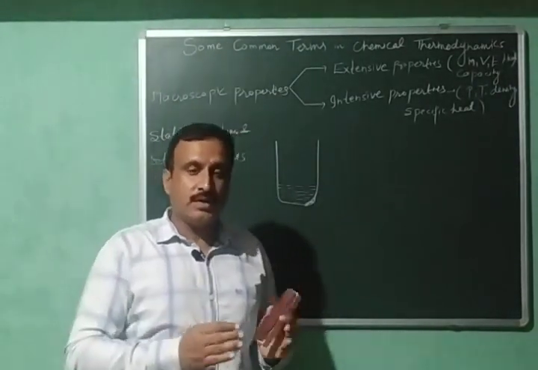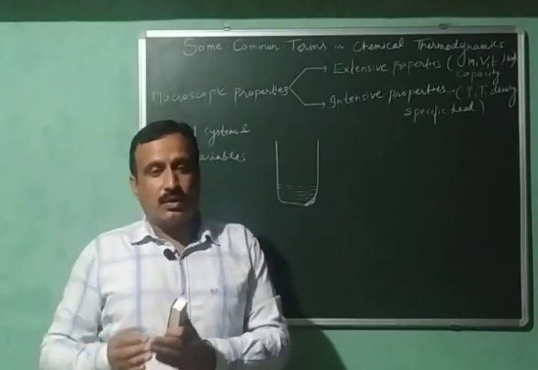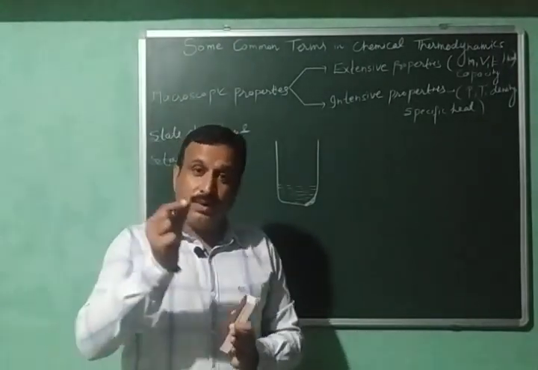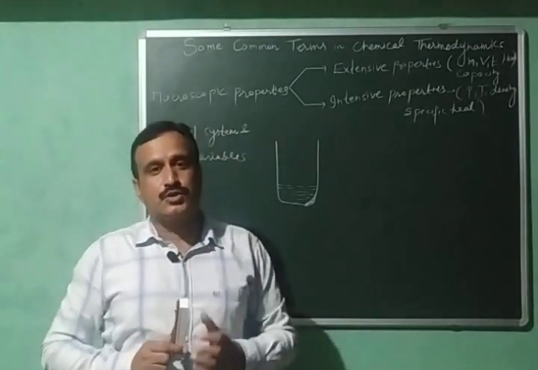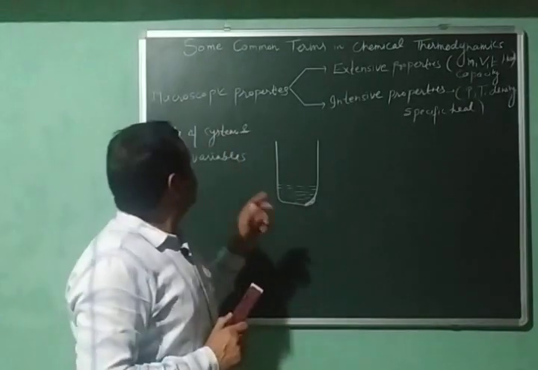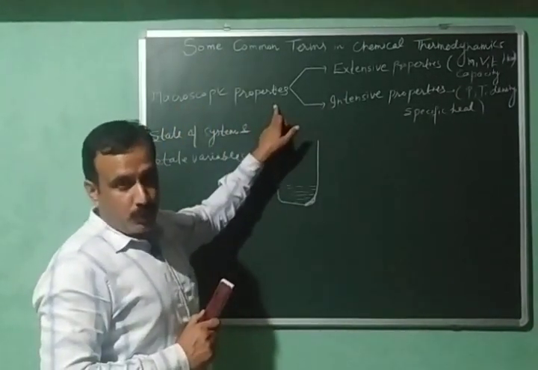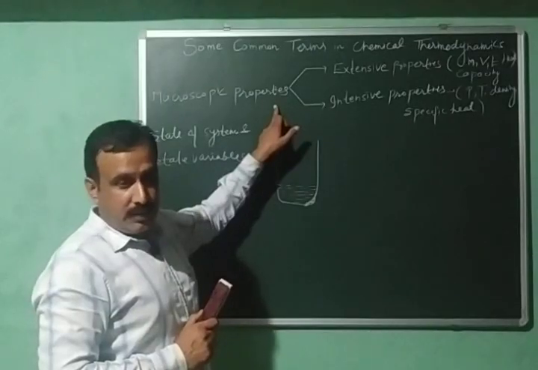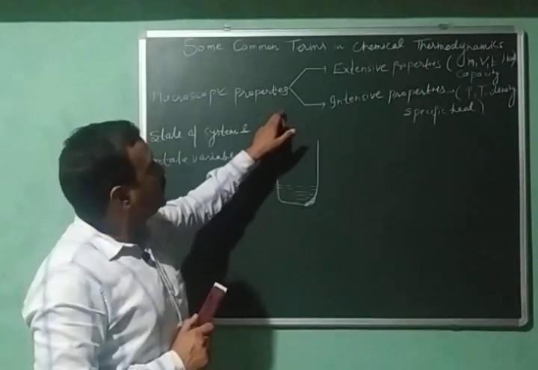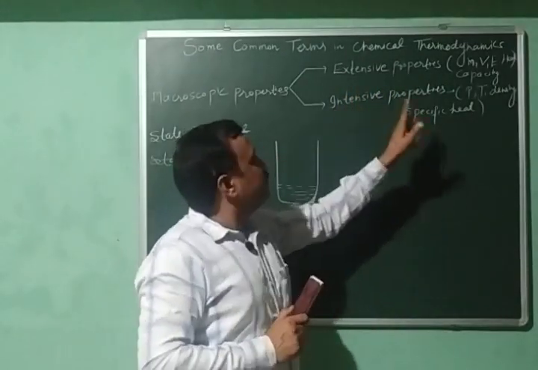These properties arise due to the group-like behavior, collective behavior, or the bulk behavior of the particles. And today I am going to discuss types of macroscopic properties. The macroscopic properties are classified into two categories: extensive properties and intensive properties.